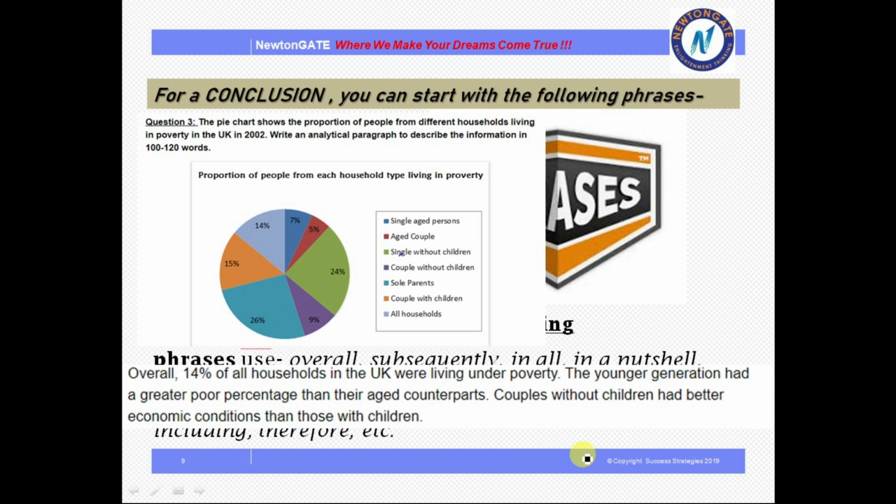The younger generation had a greater poor percentage than their aged counterparts. Couples without children had better economic conditions than those with children. Have I given my own opinion on something? No. I just simply collected the data and gave my view here in the conclusion.